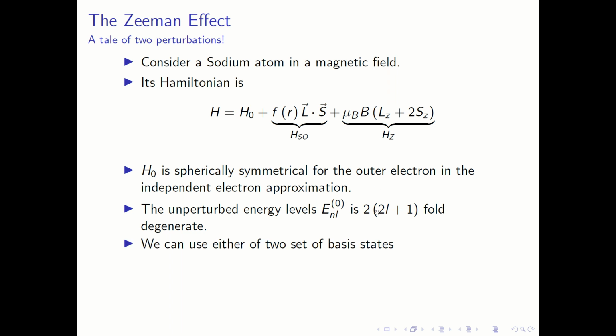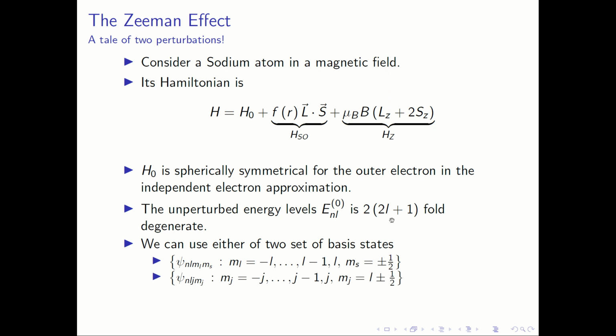And because of this degeneracy, we actually have infinitely many possible choices for basis states. I am going to take 2 into 2L plus 1 basis states no matter which way I do it, but the precise ones I choose, there are infinitely many choices there, but there are 2 obvious choices. One of them is the chi n L m_l m_s and the other is the chi n L j m_j.